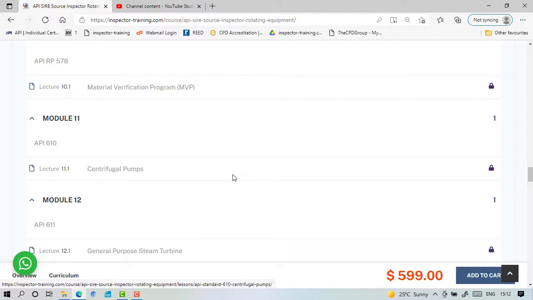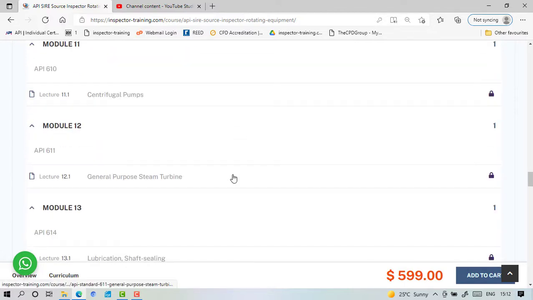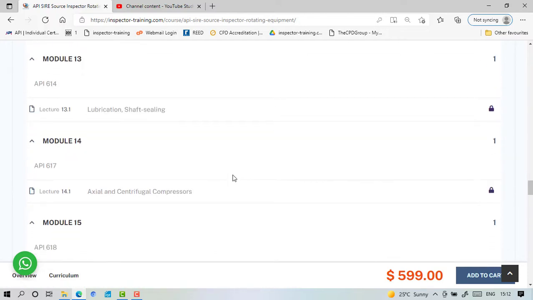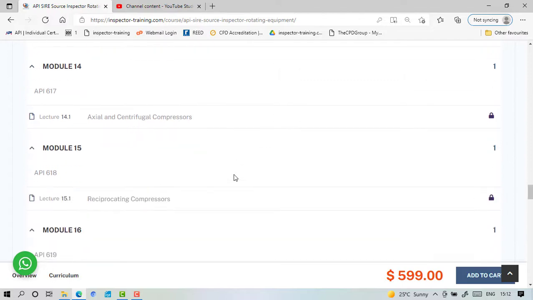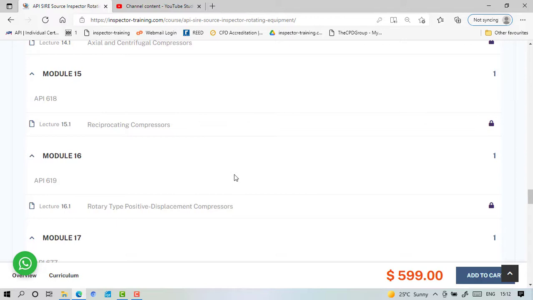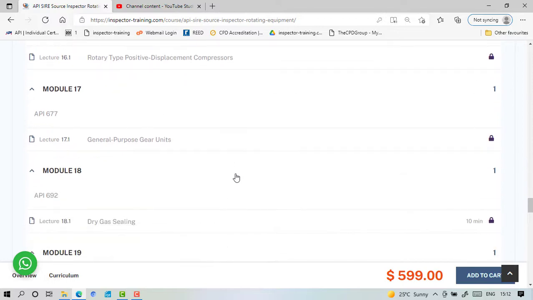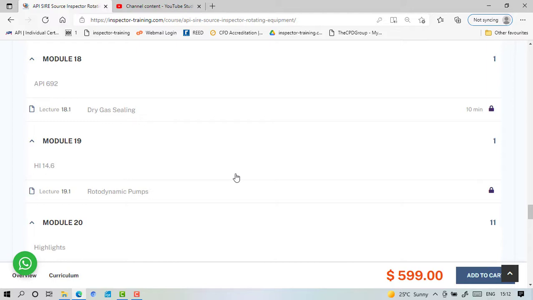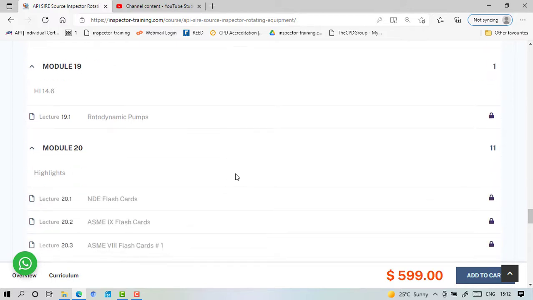Material verification program, API 578, and then we continue to the rotating parts. API 610, centrifugal pump; 611, general purpose steam turbine; 614, lubrication shaft sealing; 617, axial and centrifugal compressors; 618, reciprocating compressors; 619, rotary type positive displacement compressors; 677, general purpose gear units; 692, dry gas sealing; HI 14.6, rotodynamic pumps.